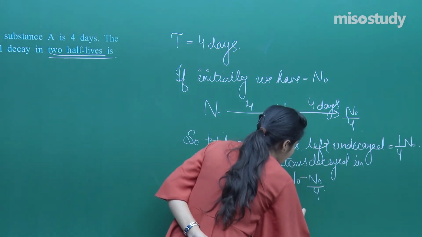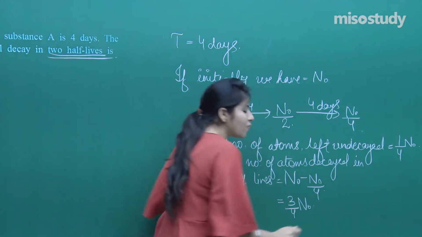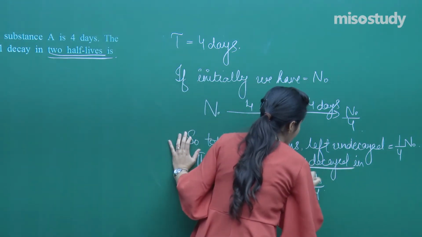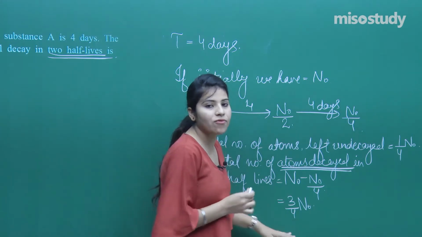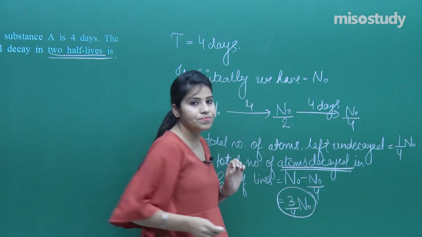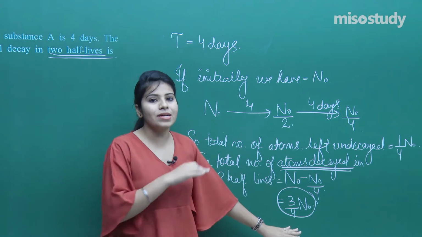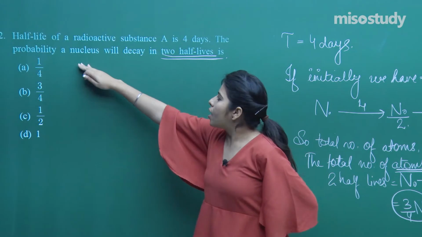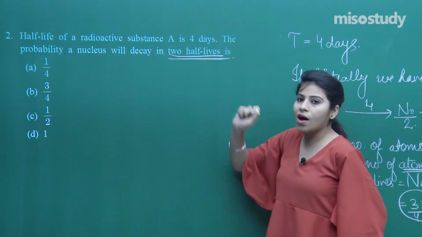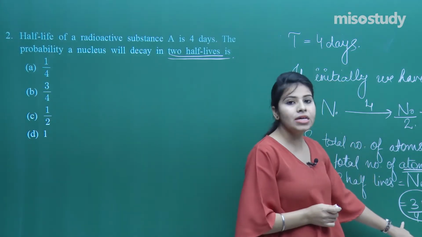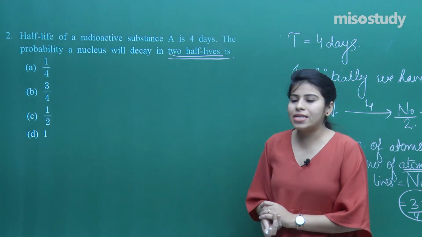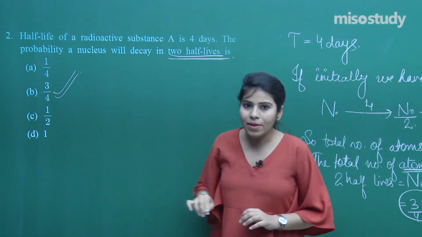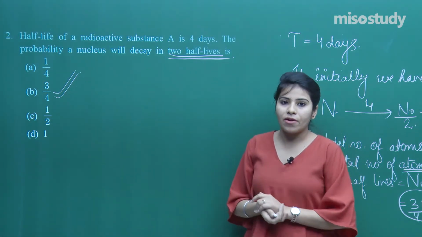So the number of atoms that have decayed is nothing but 3 by 4 of the initial number of atoms. So the probability that a nucleus will decay in the 2 half-lives will be nothing but 3 by 4. Let me just see whether there is any option. Yeah, I can see that option number B. So your probability will be nothing but 3 by 4.